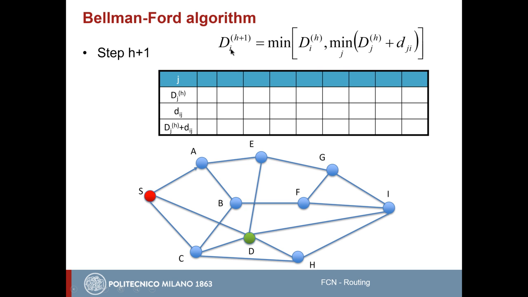In this specific iteration, we want to focus on what happens when this index I corresponds to this node D. So we are assuming that we are updating D sub I at the next step, h plus 1, of this specific node D. Then we will have to repeat this updating operation for all the other nodes different from S. For now we are just focusing, as an example, on node D. We can assume that the distance at the previous step of node D, so D sub I, where I is equal to D, was equal to 20.